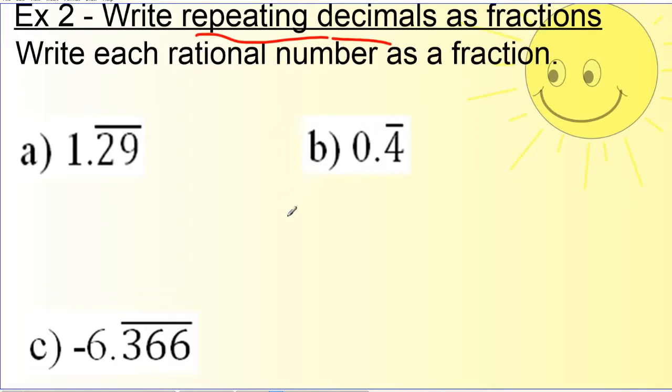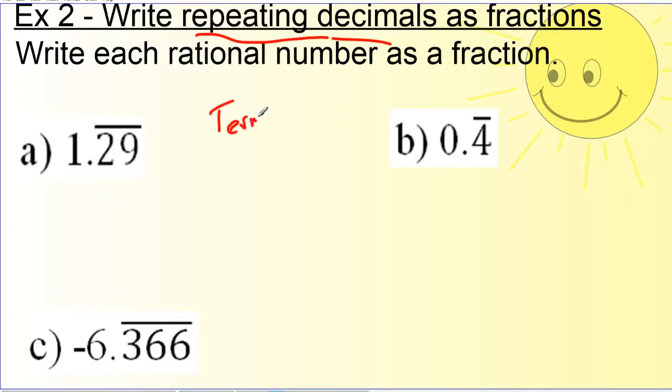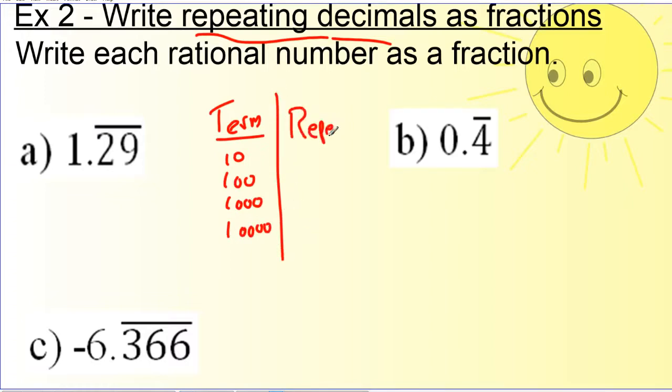So remember that trick I showed you a couple problems ago, where if it was a terminating decimal, you used 10 or 100 or 1,000, and you just keep adding zeros on. And I said if it was a repeating decimal, you use 9 or 99 or 999. You basically just keep adding nines. Well, that's how this kind of works.